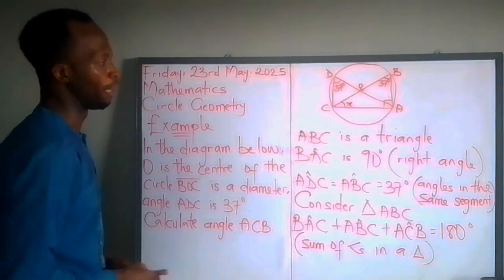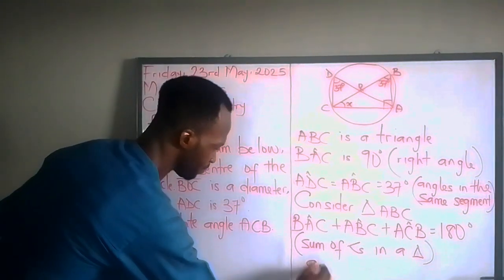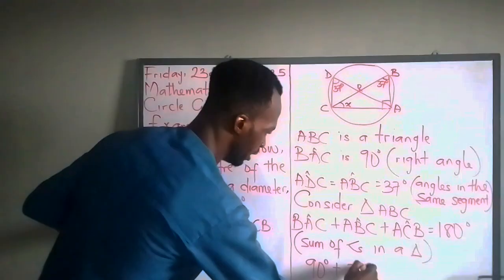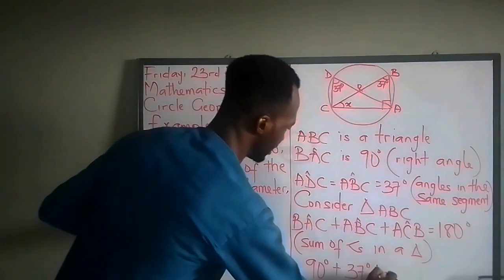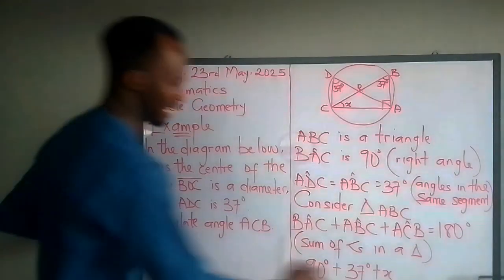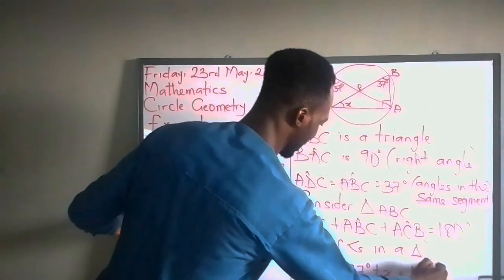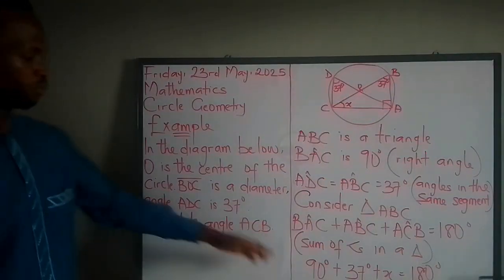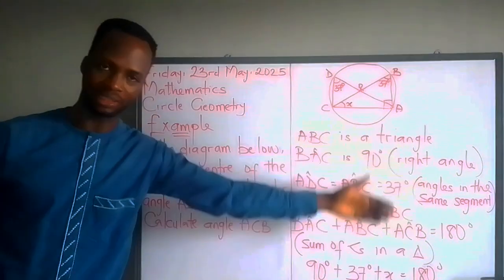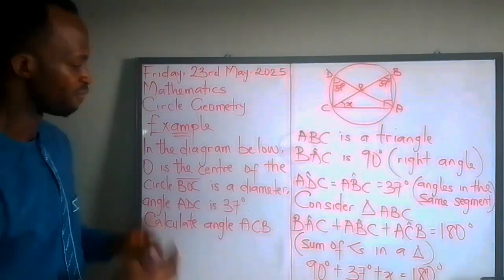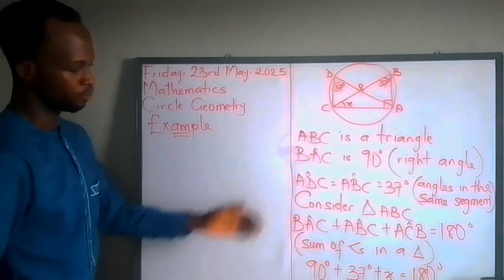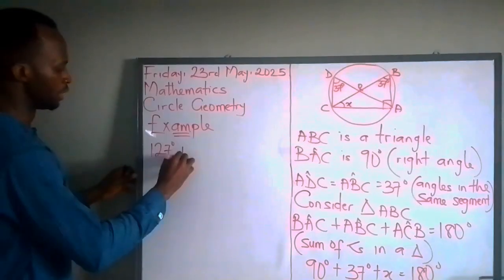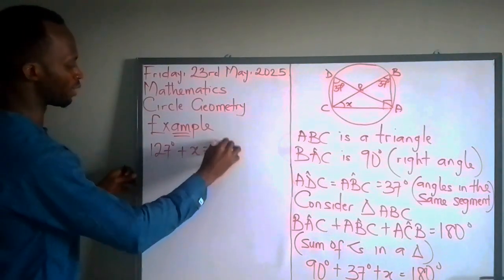So what is BAC? BAC is 90. What is ABC? It is 37 degrees, plus the angle ACB, X, and that's equal to 180 degrees. So what is 90 plus 37? We add this together, then we subtract it from 180 to find the value of X. 90 plus 37 is 127 degrees, plus X is equal to 180 degrees.